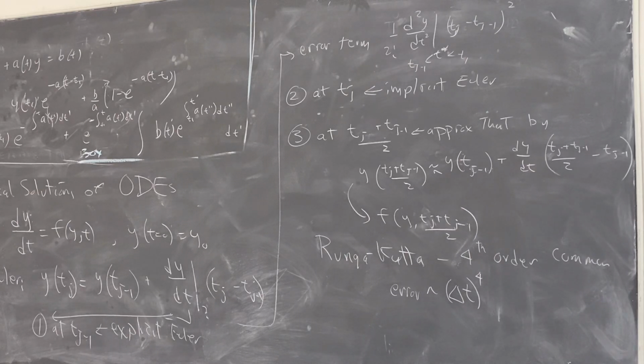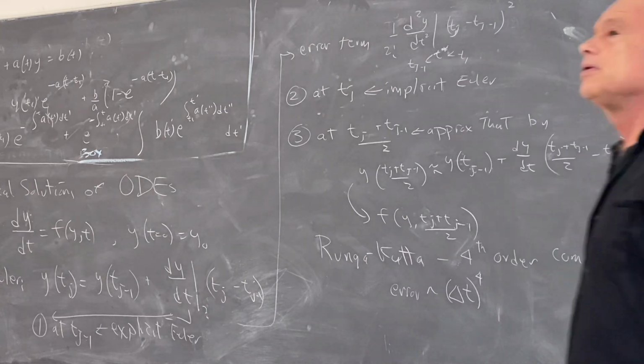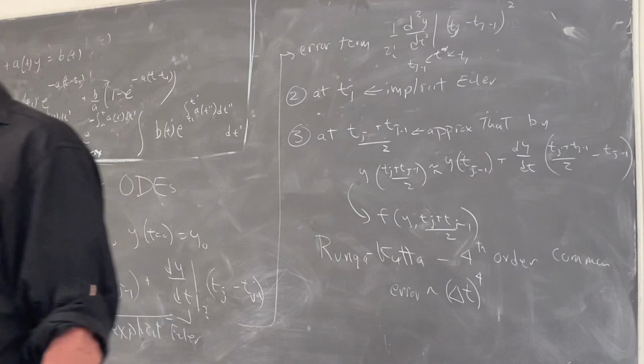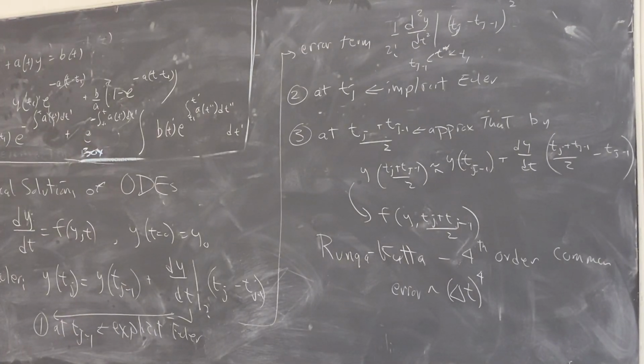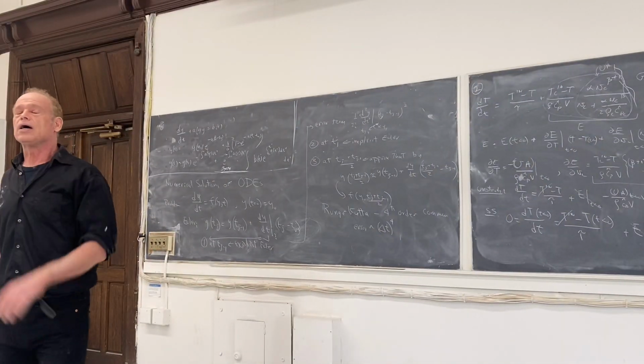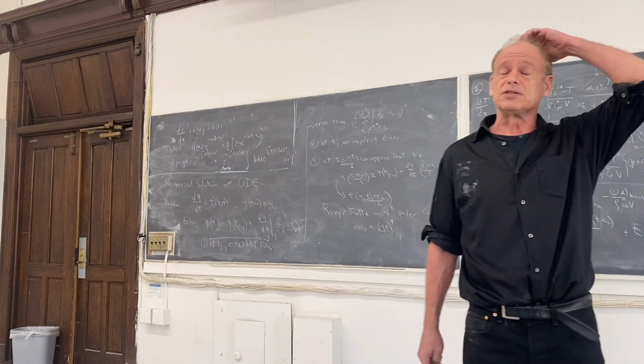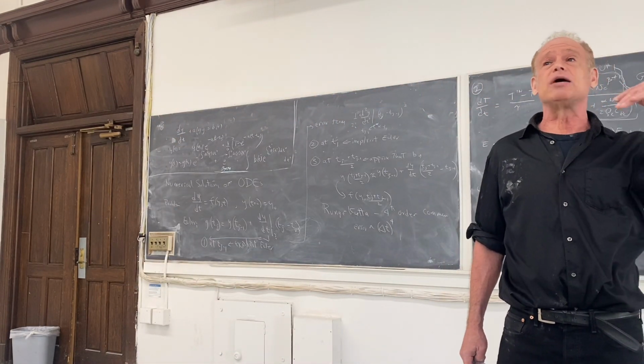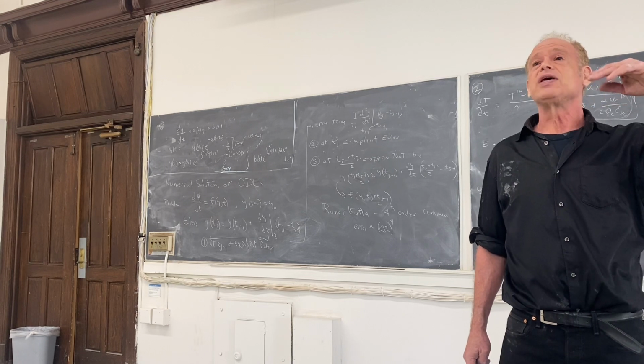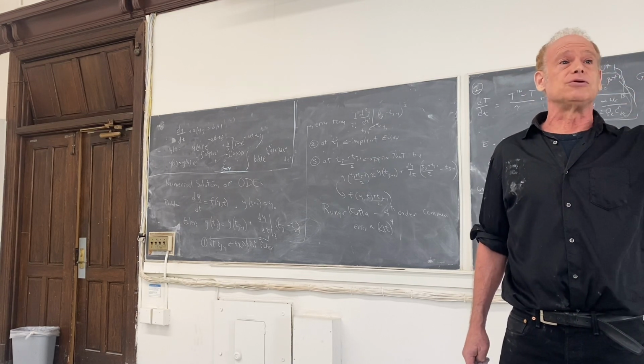Now, one thing I should mention, I'm going particularly slowly today, I don't know why, is that when we solve equations, particularly in kinetics, you typically may have many different reactions. If you have many reactions, sometimes the rate constants can vary by many orders of magnitude.